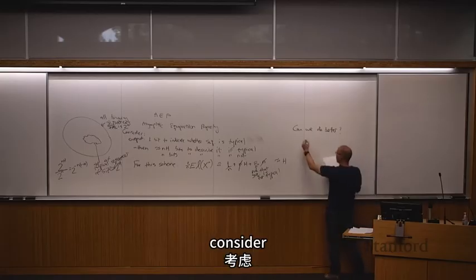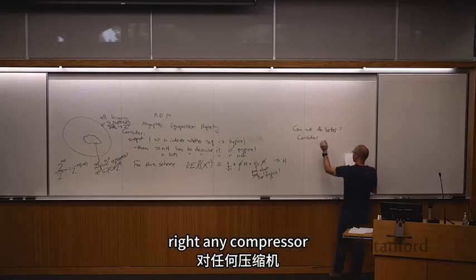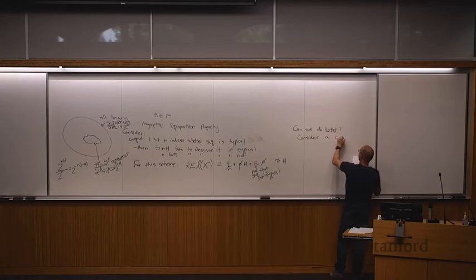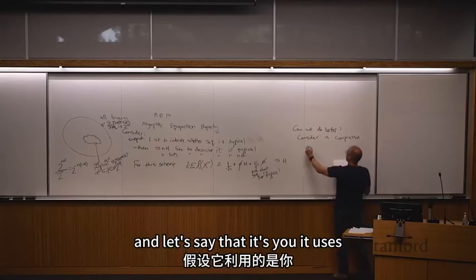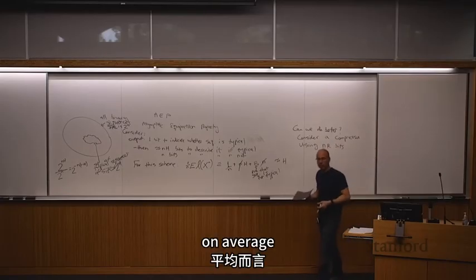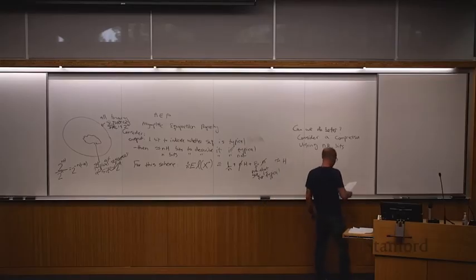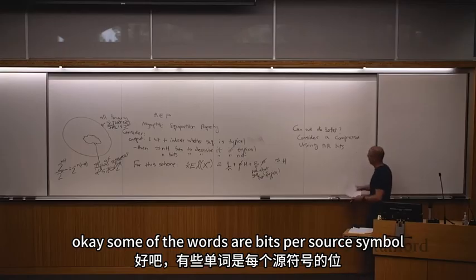Consider any compressor. You give me a compressor, and let's say that it uses n times r bits on average to describe the source sequence. In other words, r bits per source symbol.